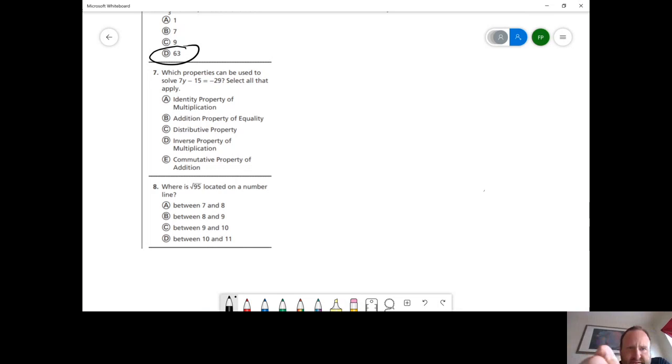We have 7y minus 15 equals negative 29. So we know the first thing we're going to do, like we just did, is add 15 to both sides.